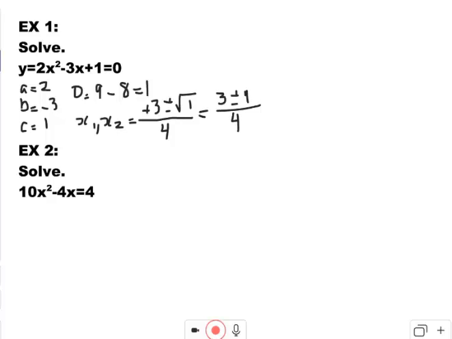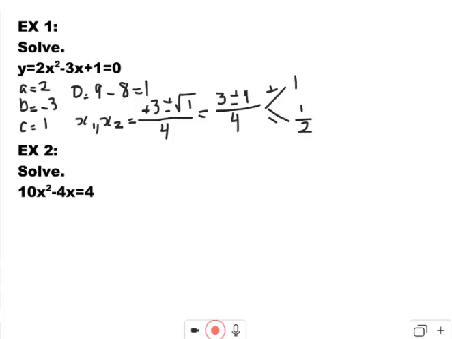The square root of 1 is 1. So there are two solutions. If we go with the plus, we get 3 plus 1 is 4, divided by 4 is 1. If we go with the negative, we get 3 minus 1 is 2, divided by 4 is 2 over 4, which is 1 over 2.